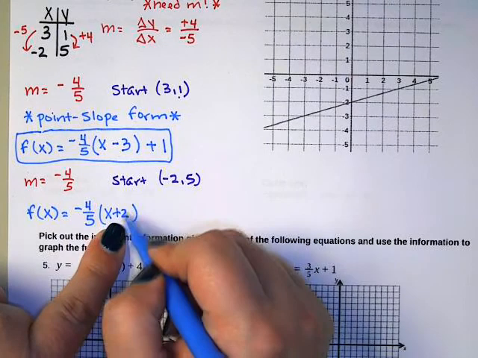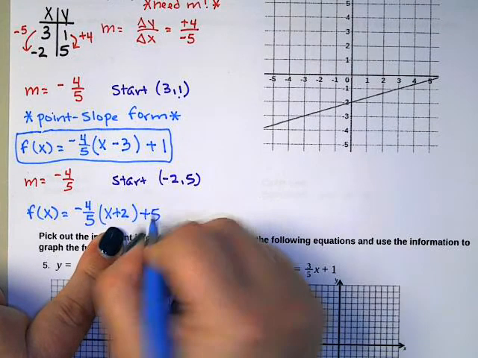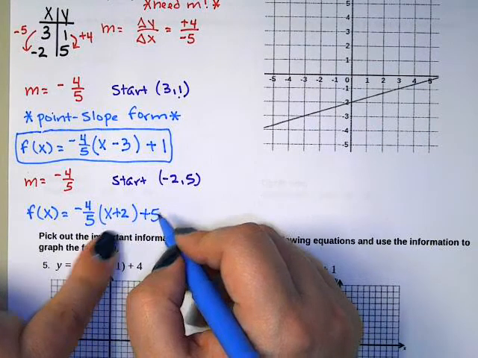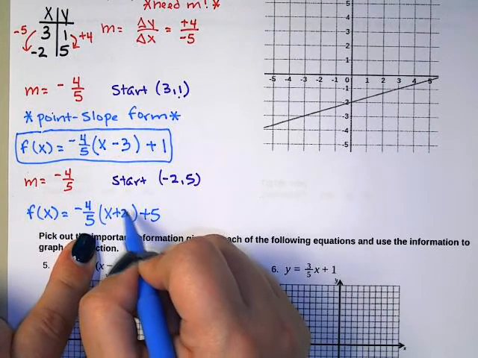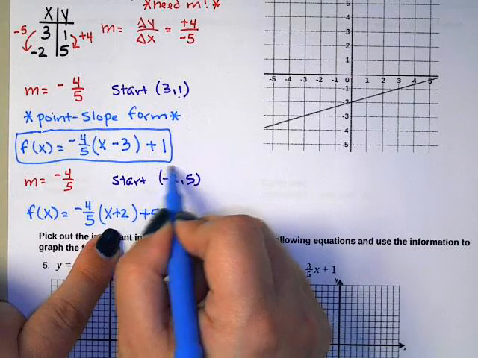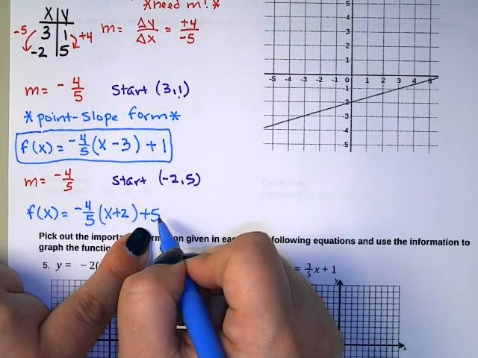So we do the opposite inside the parentheses there. And then we're going to have the plus 5 at the end because that's our starting y value. Remember that your pattern should always go right next to the x, and the x needs to help us figure out what was that starting x value. And then the y value is going to go at the end. Okay?